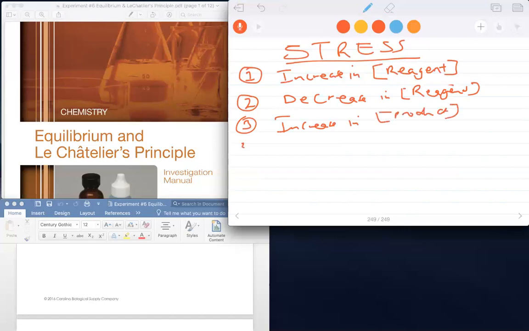Four here, a decrease in product concentration.